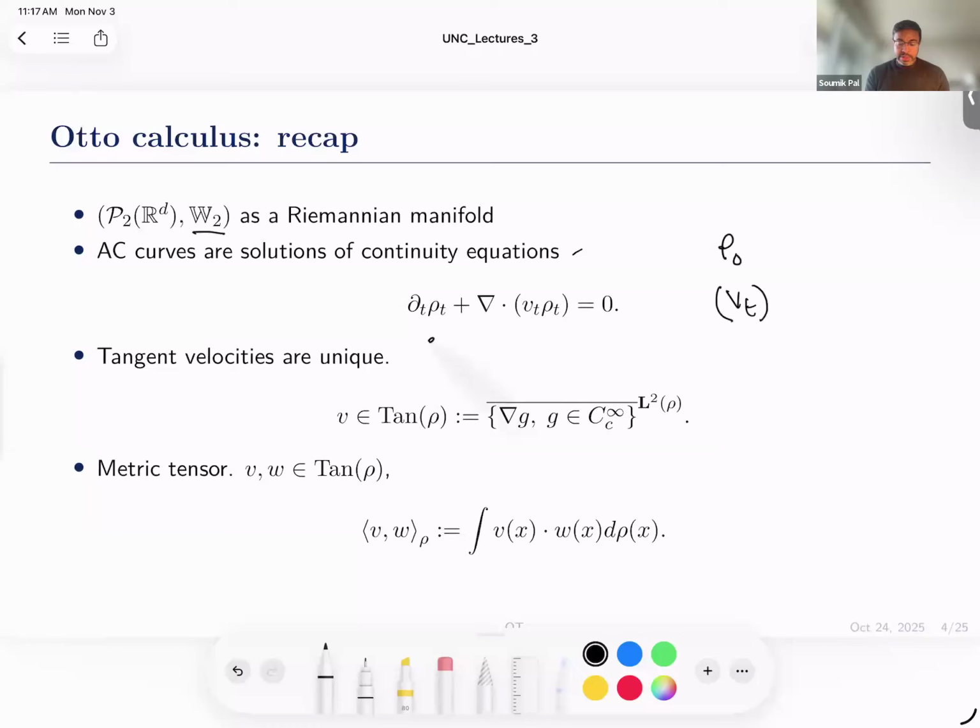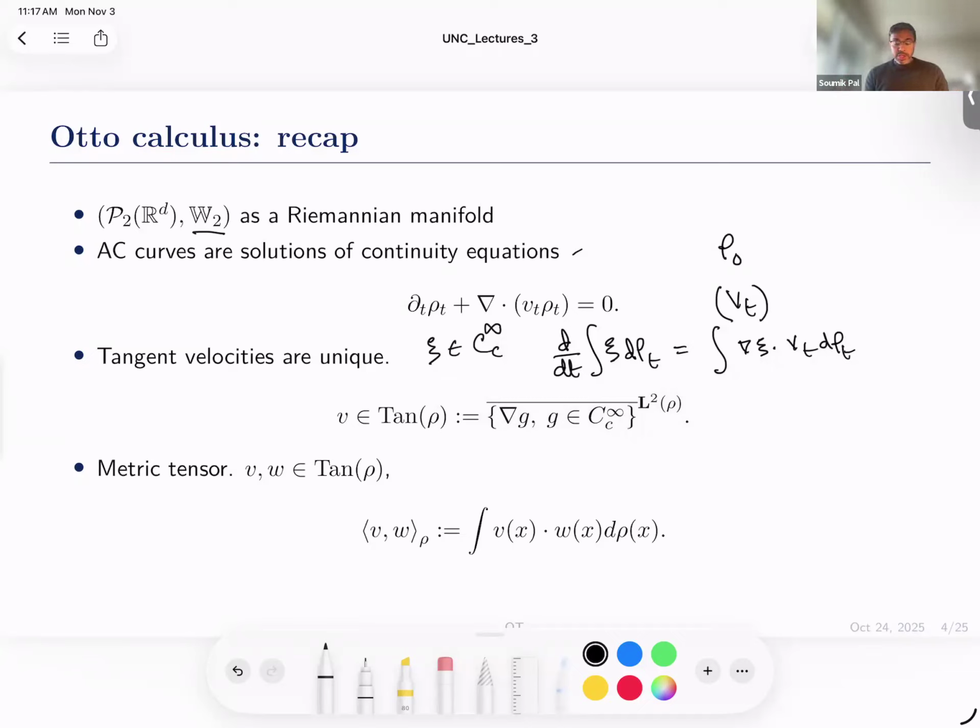Another way of writing this is that for a C_c^infinity function psi, d/dt of the integral of psi d rho_t equals the integral of the gradient of psi dot v_t d rho_t. That would be the weak sense of making sense of this continuity equation.